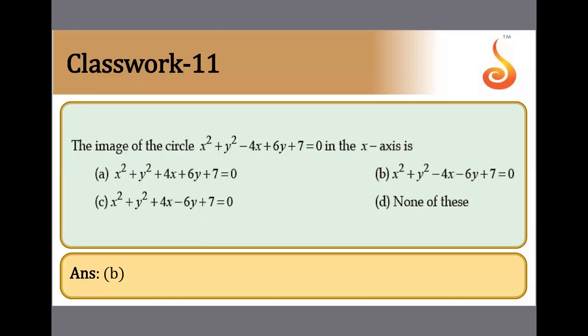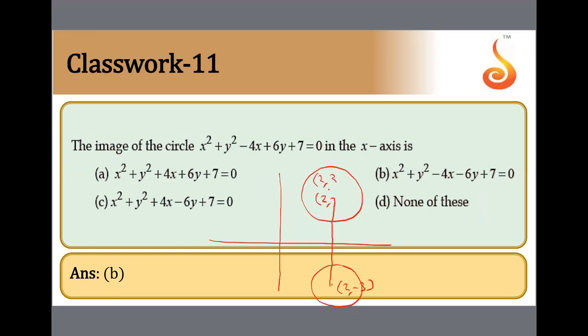Example 11. Image of this circle on x-axis. It's a very simple question. This is a circle, center coordinate. Another image of the circle will be this one. This center is 2 comma minus 3. Image of 2 comma minus 3 will be 2 comma 3, because this 2 will be common in the image.